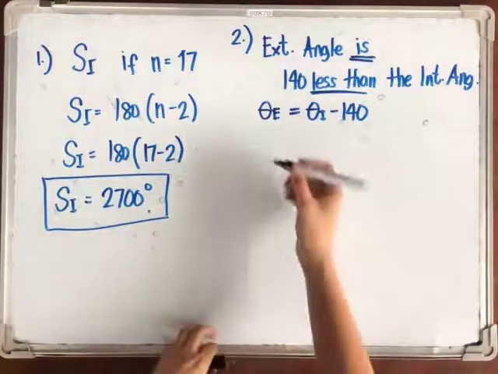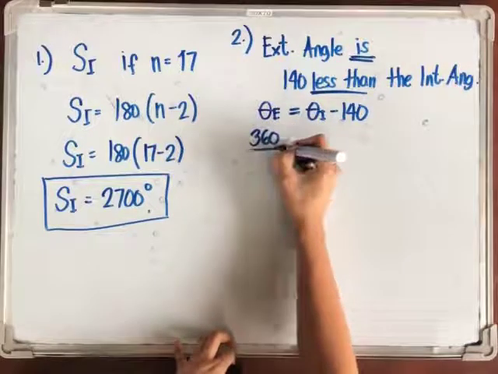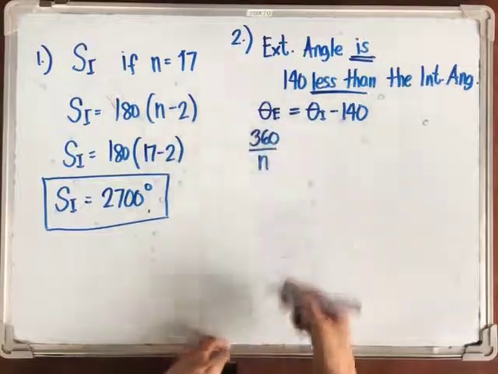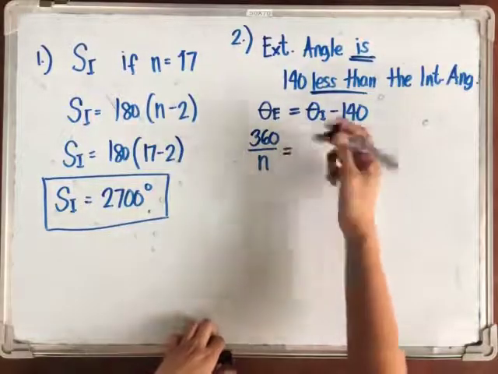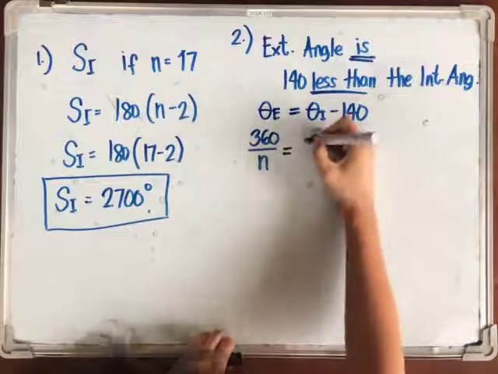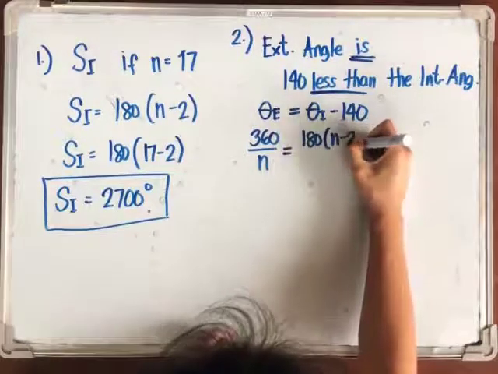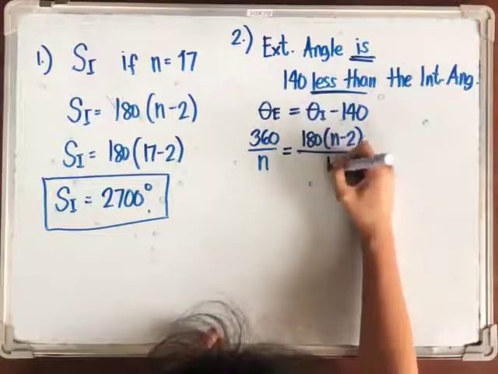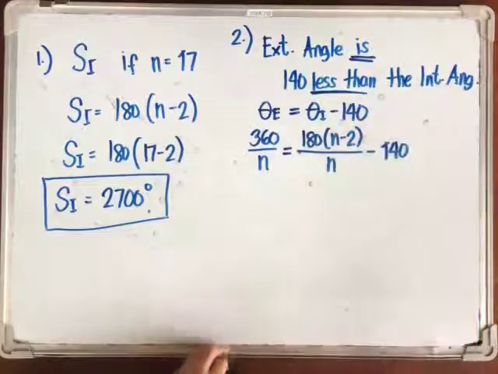Okay? So, how do we do that? Exterior angle natin is 360 degrees divide mo siya ngayon by n because that's the formula of exterior angle. No, exterior angle is equal to the interior angle. Ano nga yung formula natin? 180 times n minus 2 divided by n minus 140.